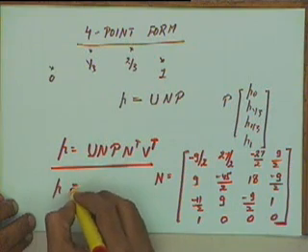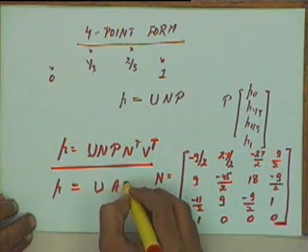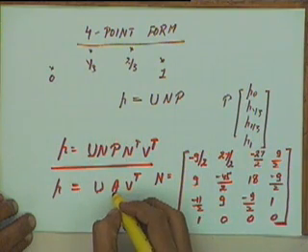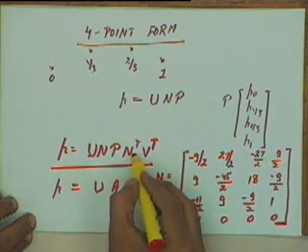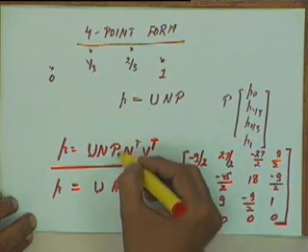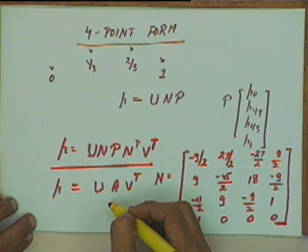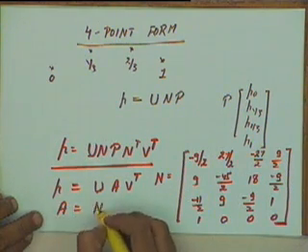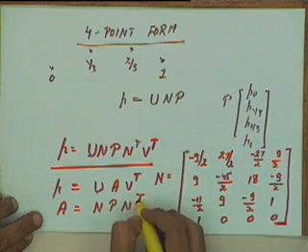We have already shown that P is equal to U into A into V transpose. So the set of algebraic coefficients will be equal to n into P into n transpose. Just by equating these two right hand sides, A will be n P n transpose.